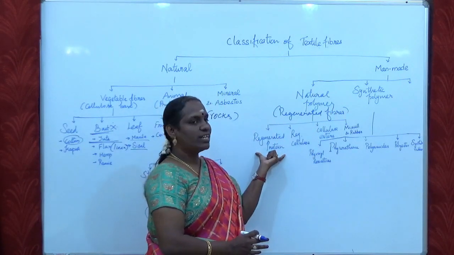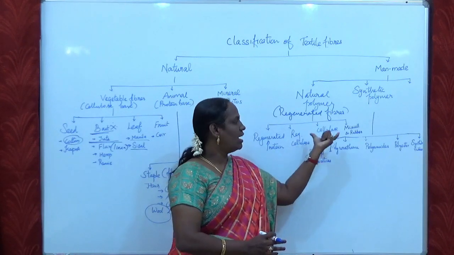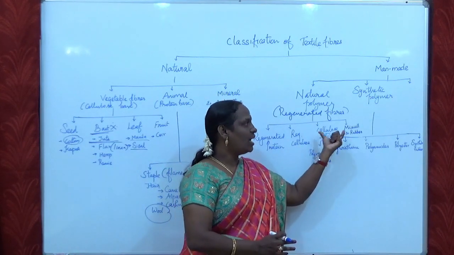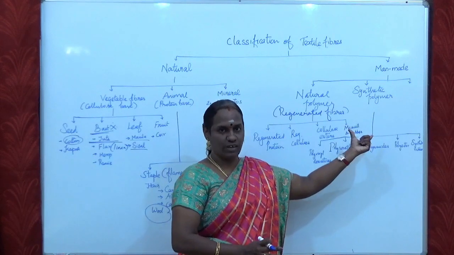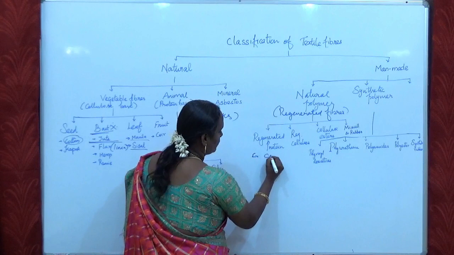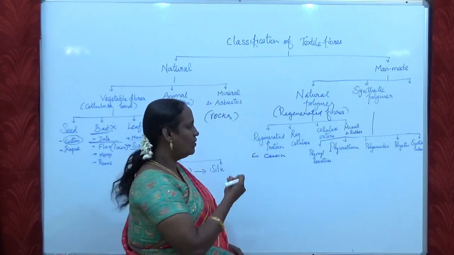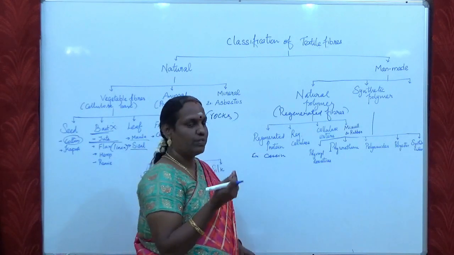One is regenerated protein, next one is regenerated cellulose, next one is cellulose esters, and others, miscellaneous fibers, right? So what is an example of the regenerated protein? Casein fiber. This is one of the examples of regenerated protein fiber, right?